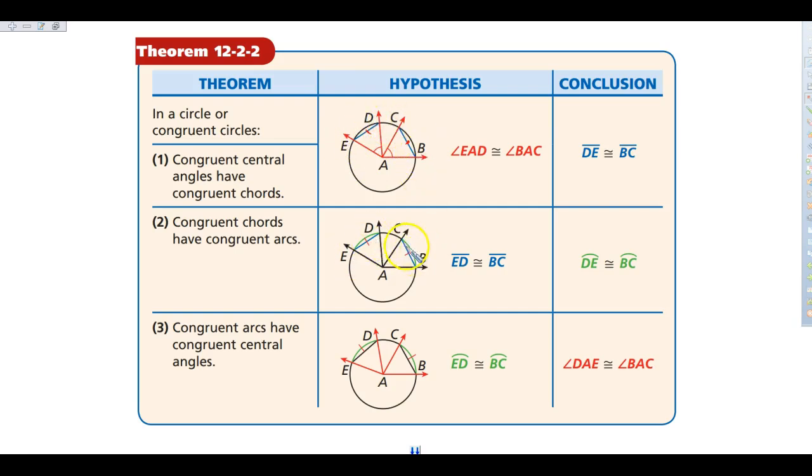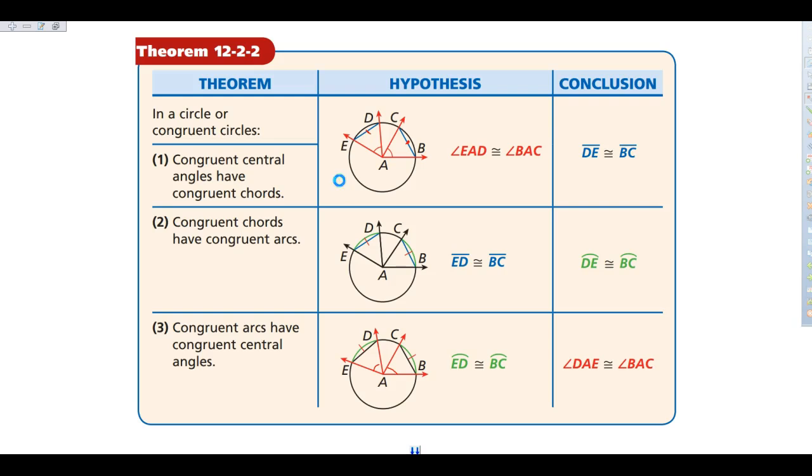If the chords are congruent, this is saying that the green arcs are congruent. If the green arcs are congruent, then the central angles are congruent. So basically, if your central angles are congruent, your chords are congruent, and your arcs are congruent.